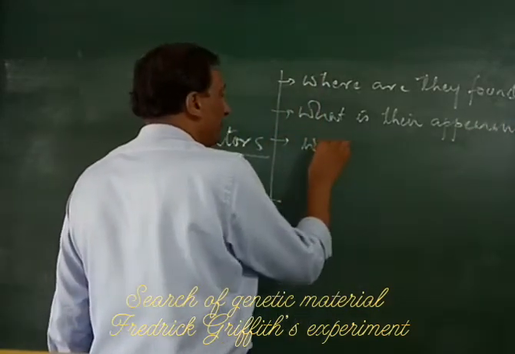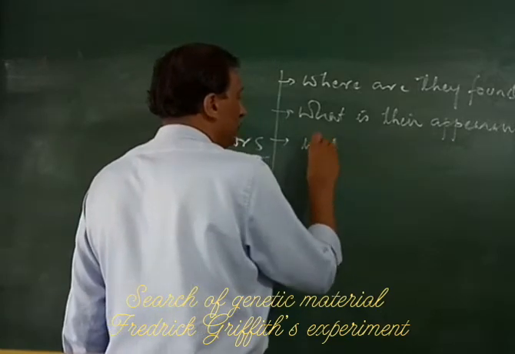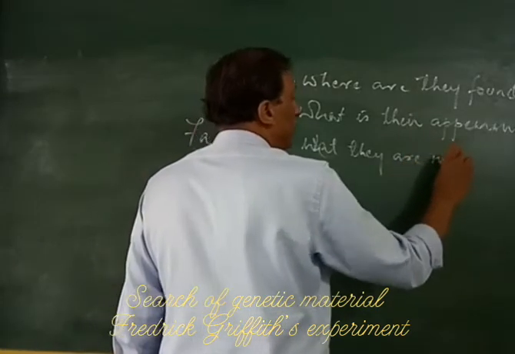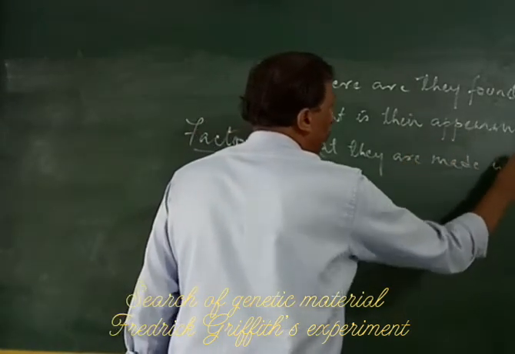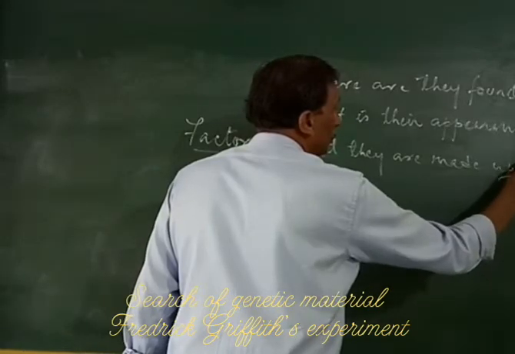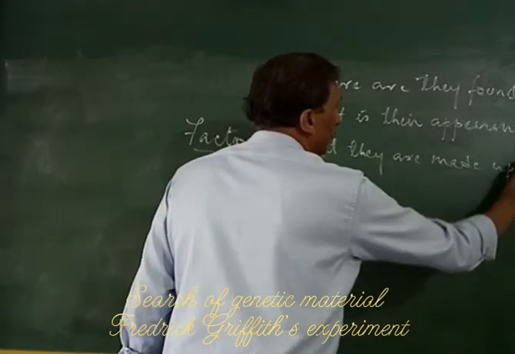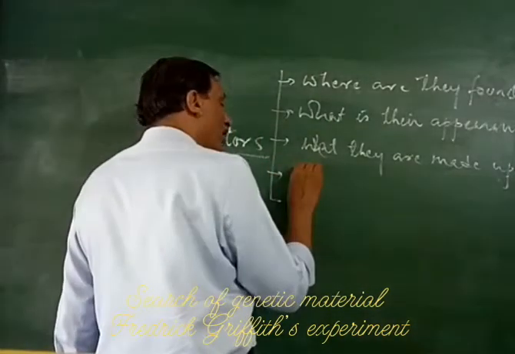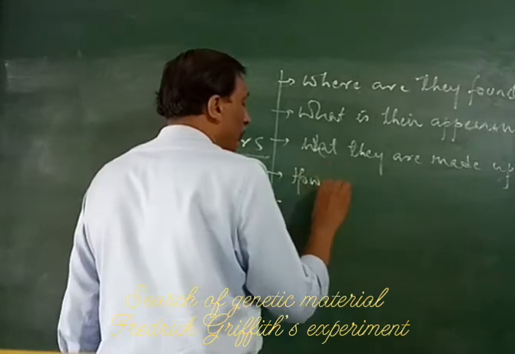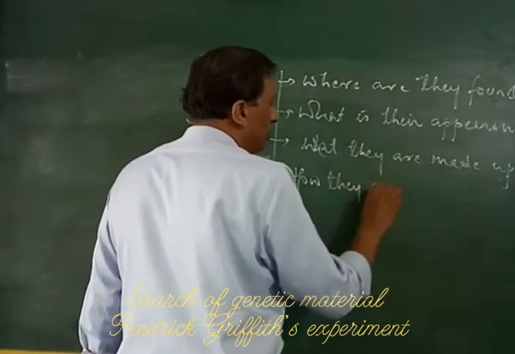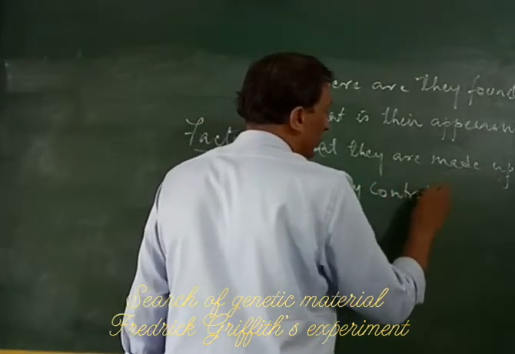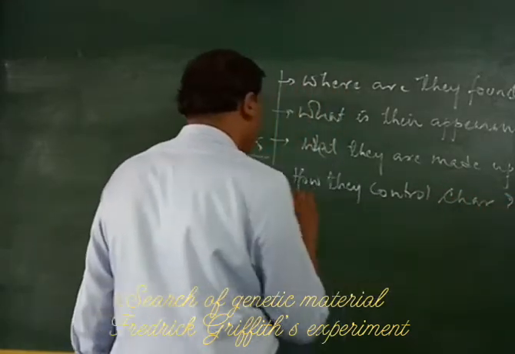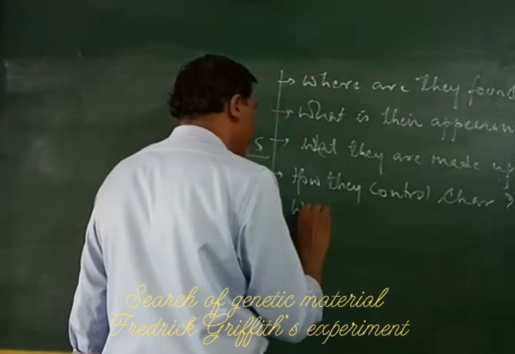What are they made up of, and how do they control characters, and what causes variation?